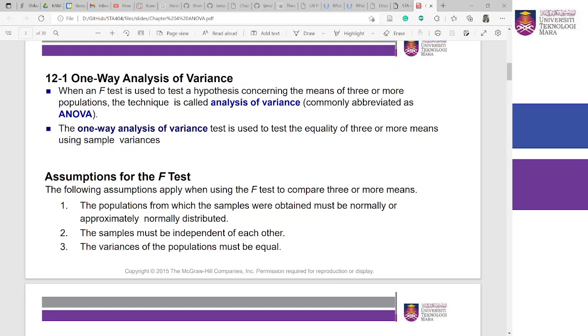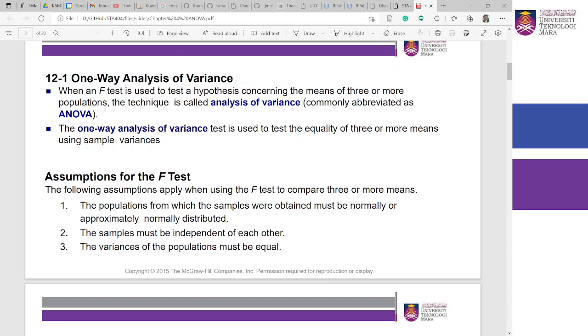Okay, dia sama macam yang kita buat untuk t-test lah. Kita tahu kalau kita buat independent sample t-test, we must make sure that the samples are independent of each other, right? Male or females, something like that. Okay, and then the variance of the population must be equal. So you must have an equal variance. You cannot have a different variance.